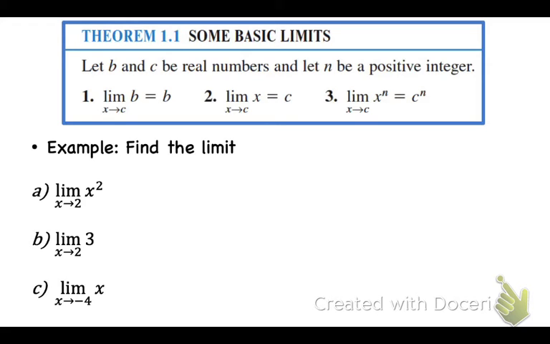So in my example, the limit of x squared as x approaches 2. What does that tell me I need to do? Which rule is that one? 1, 2, or 3? No, it's not 3. It's 2. It's one of those two, right?